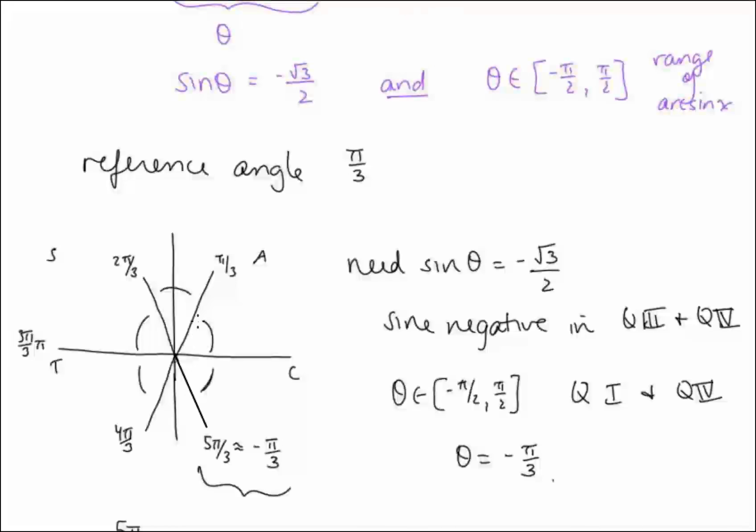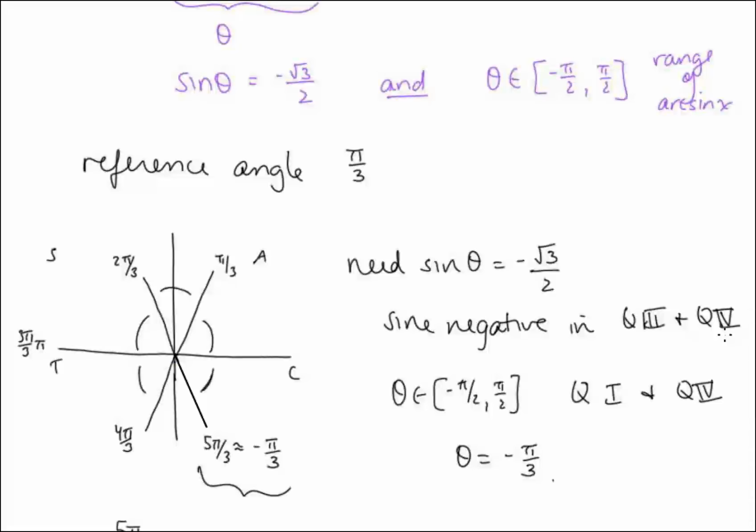So that's pi over 3, 2 pi over 3, 4 pi over 3, and 5 pi over 3. So now we have the angles in all four quadrants that have reference angle pi over 3. Now, which of these angles has a negative sine value? Well, the sine function is negative in quadrants 3 and 4.